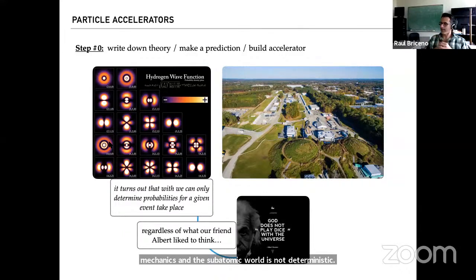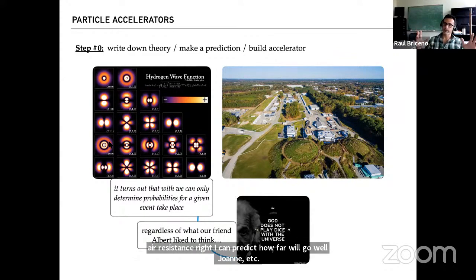In classical mechanics, everything is deterministic. If I had a ball and knew at what speed and in which direction it was going, I could predict how far it will go, even if I take into account air resistance.